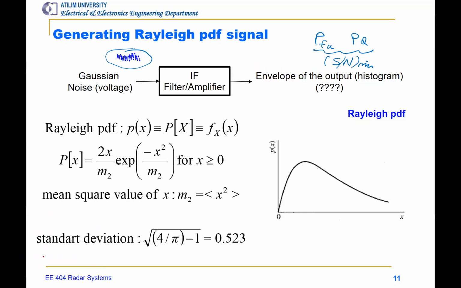Let us first go back to the Gaussian process. A Gaussian noise can be illustrated just like a randomly varying voltage. This is, let's say, time, and this is V of t.